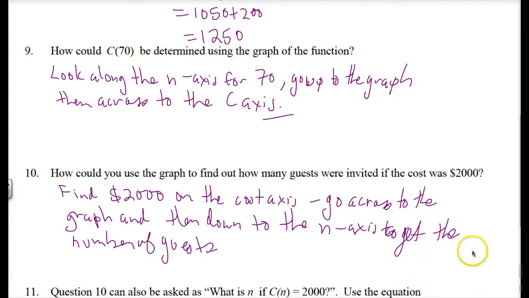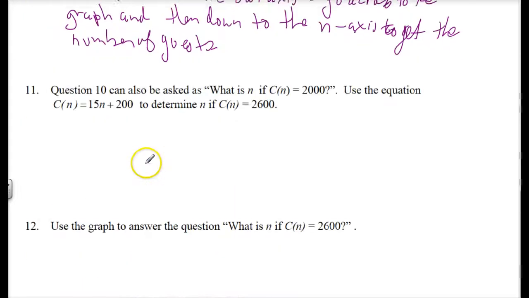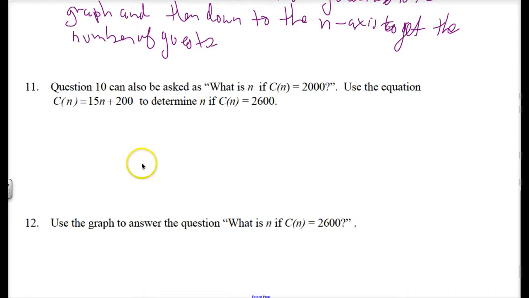So 2,000, go across, and then down. And we see that it's around 120 guests. Question 10 can also be asked, what is n if C of n is 2,000? So that's using function notation.